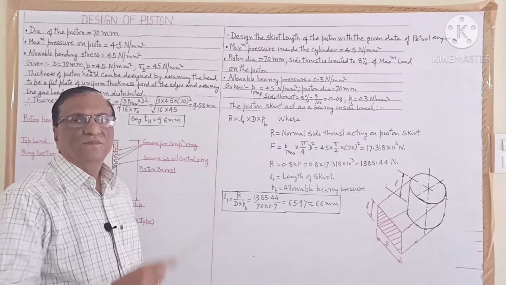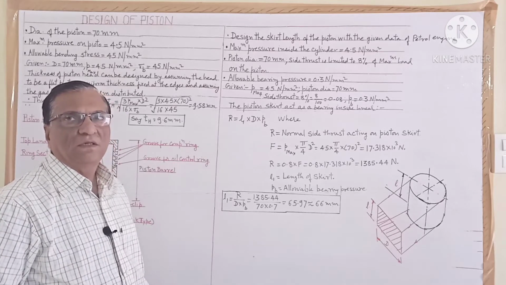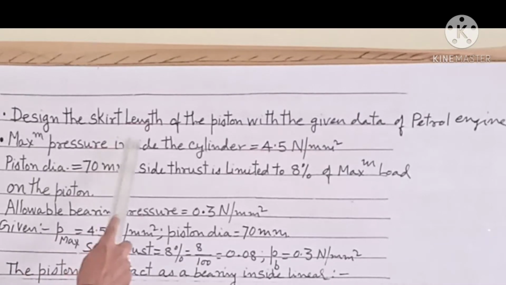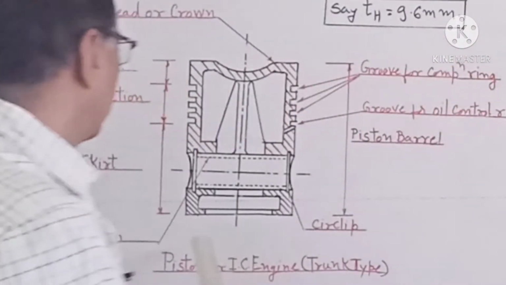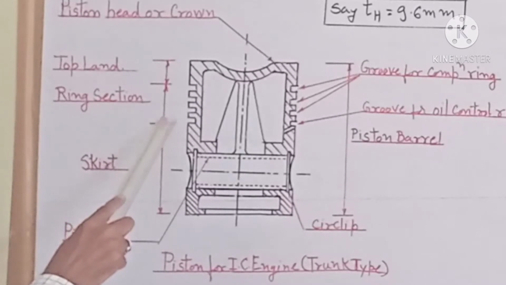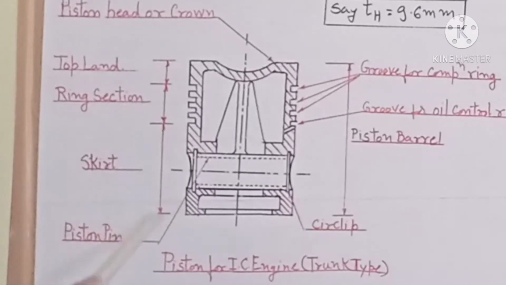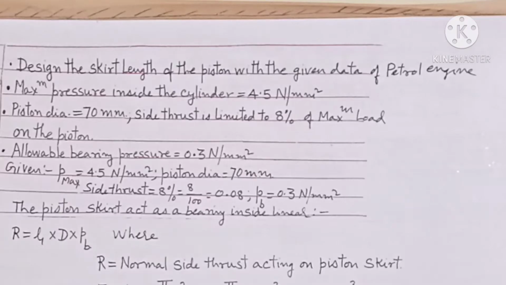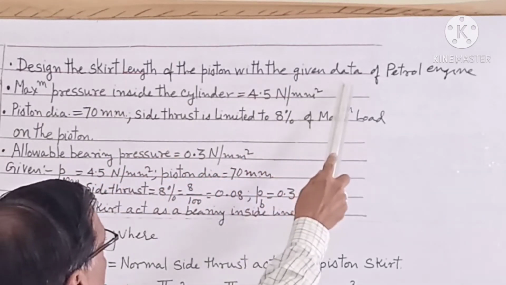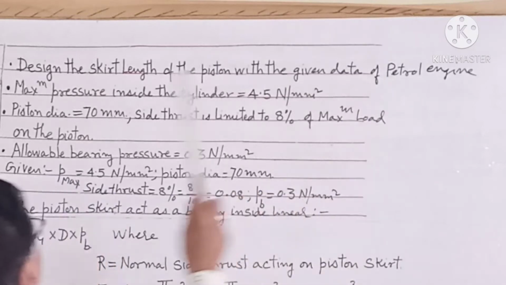Now we will have the next problem on piston of IC engine. Design the skirt length. This is the skirt length. Below the ring section up to the bottom, that is known as skirt. Design the skirt length of the piston with the given data of the petrol engine.